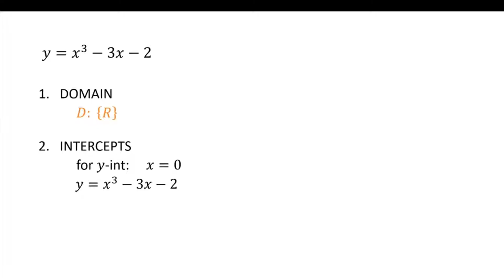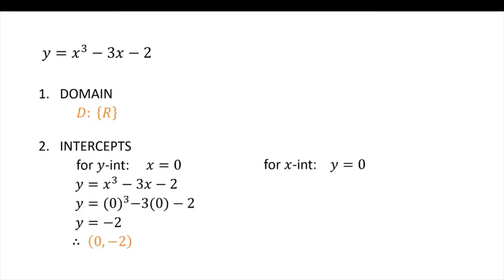So plugging in x equals 0, we get y equal to -2, therefore the y-intercept is (0, -2). Solving for the x-intercept, you have to equate y to 0, so plugging in y equals 0, we get this equation, 0 equal to x cubed minus 3x minus 2.